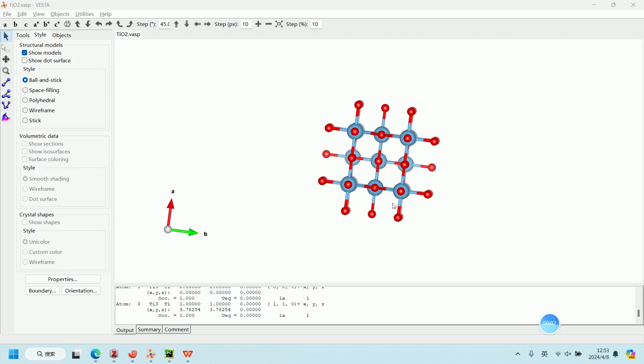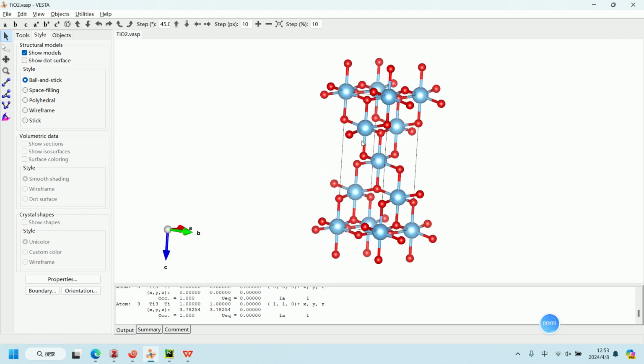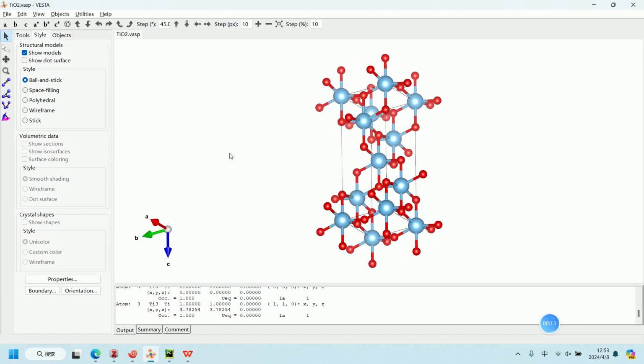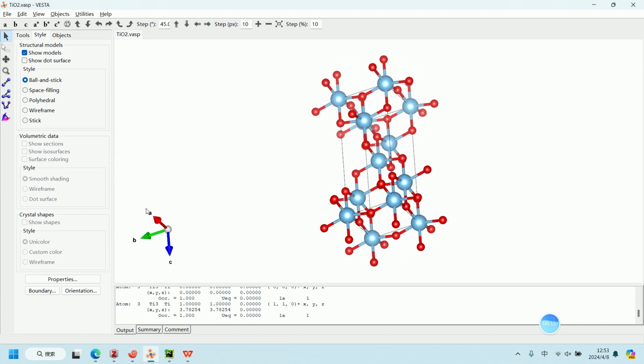Hello everyone. Today we are going to learn how to construct a 110 slab for anatase structure. So this is the structure of anatase, and this is our current set of basis vectors a, b, and c.